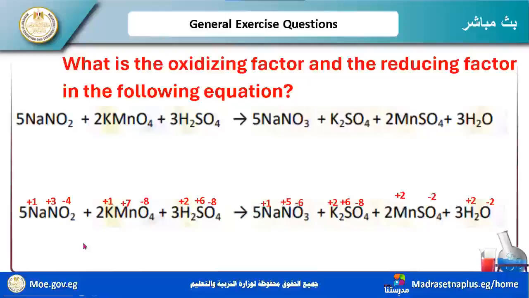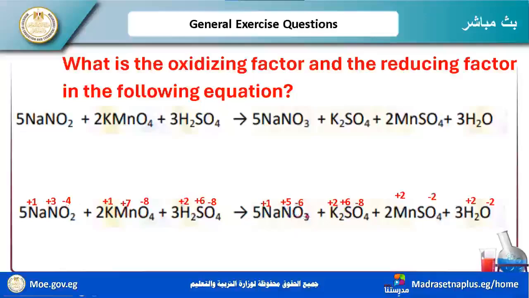Okay, I will show you a way to know which is oxidation and reduction, and which are oxidizing agents or reducing agents. Now you must subtract nitrogen: positive 5 minus positive 3.